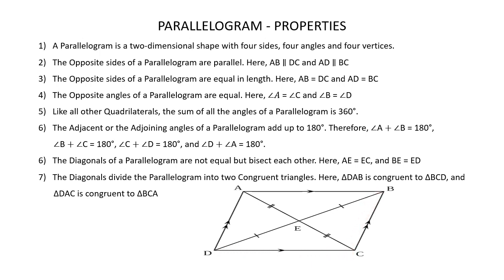If we consider the diagonal AC, the diagonal AC divides the parallelogram ABCD into two congruent triangles ADC and ABC. So triangle ADC is congruent to triangle ABC.